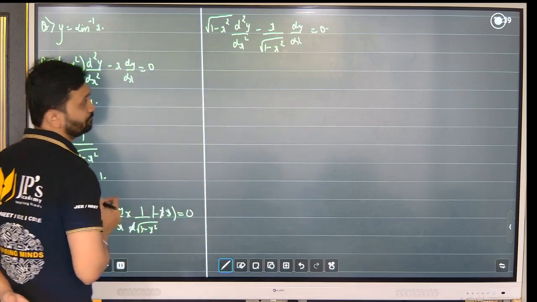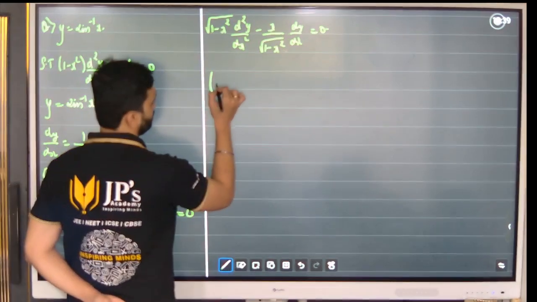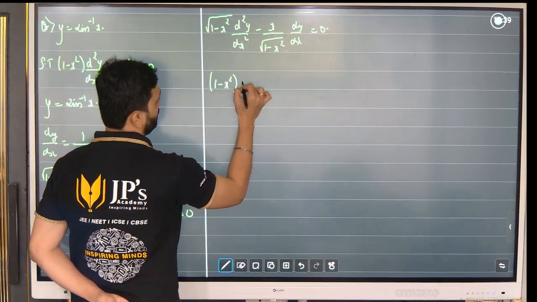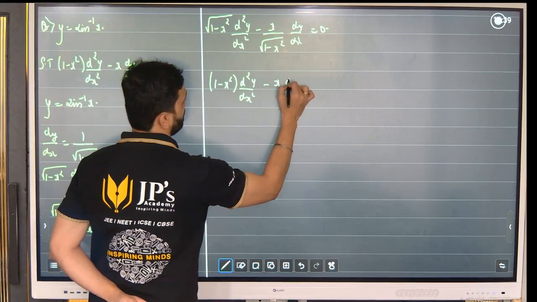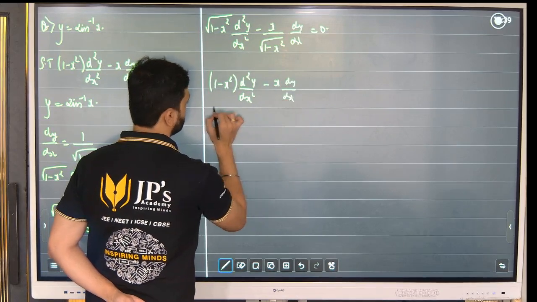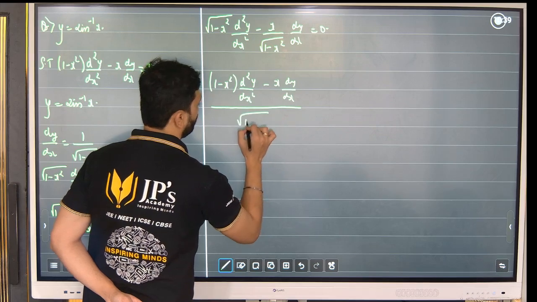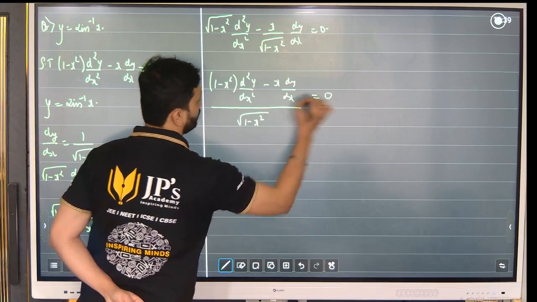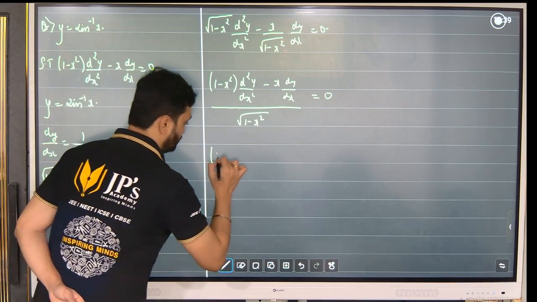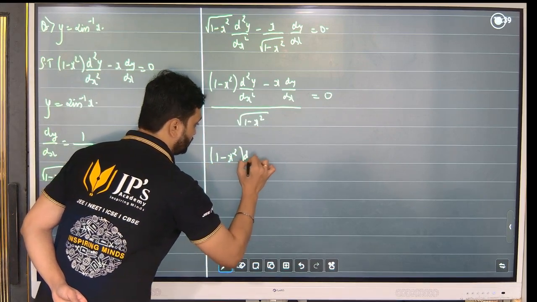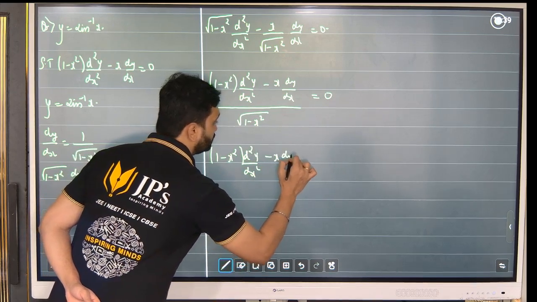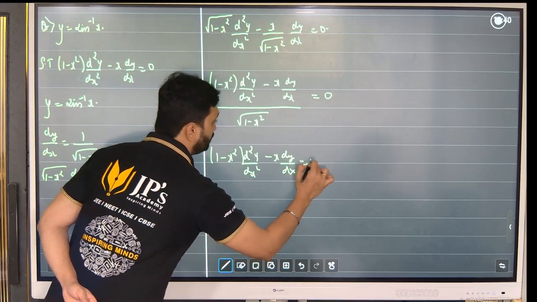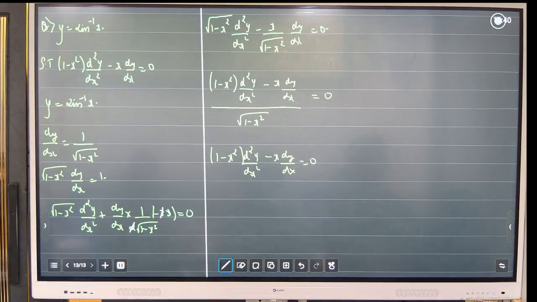Now I'll take the LCM, and this will become 1 minus x square d square y by dx square minus x dy by dx upon under root of 1 minus x square is equal to 0. It will go on the right hand side, sorry. 1 minus x square d square y by dx square minus x dy by dx equal to 0. Did you guys understand this? Anybody has any doubts here?